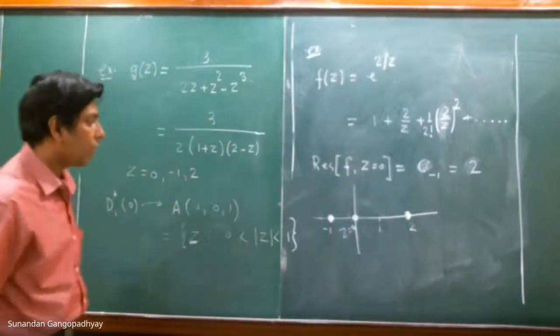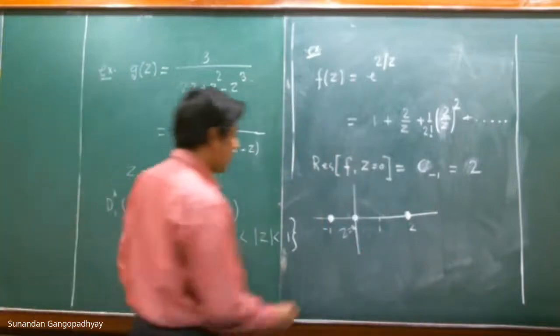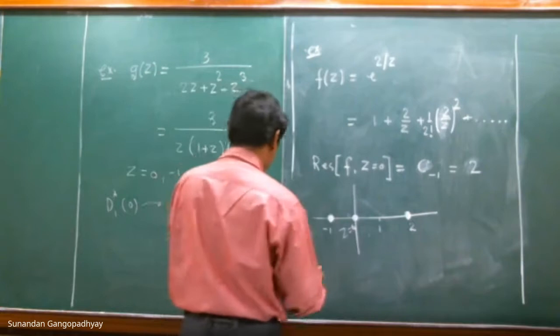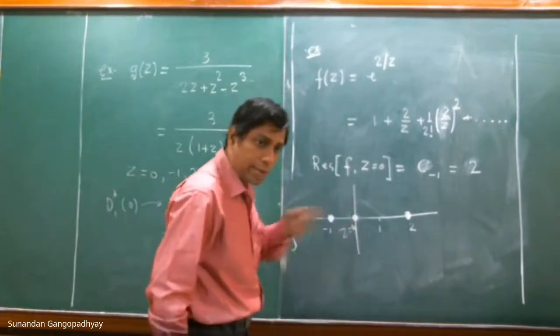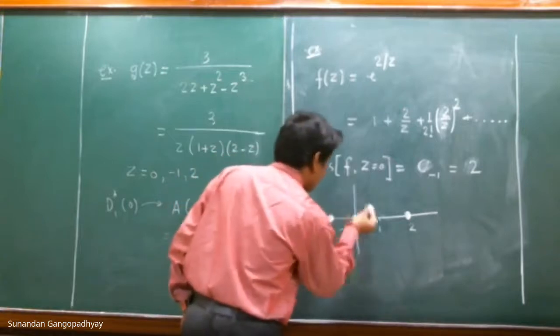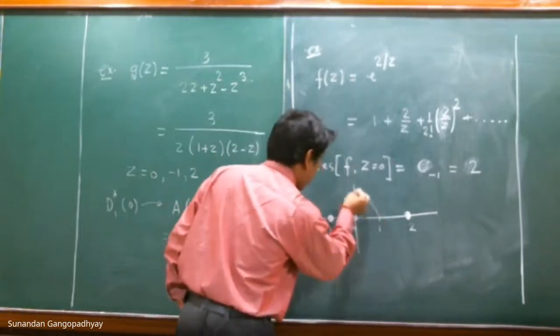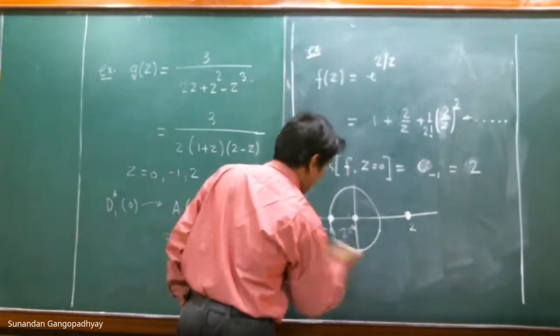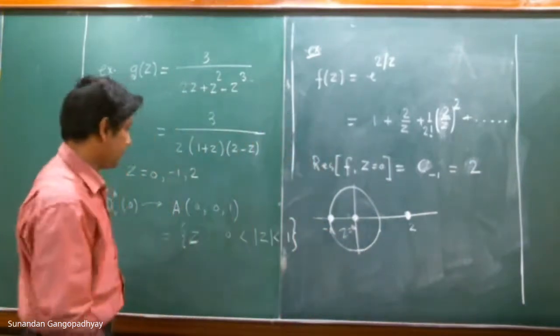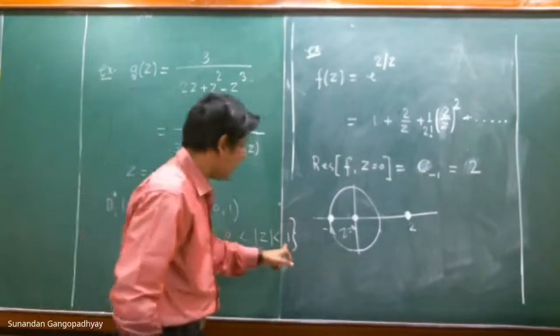So what we are now trying to do is take this region. Mod z is obviously greater than 0 because this point is a singularity, so you have to take out that point. And mod z is also less than 1.